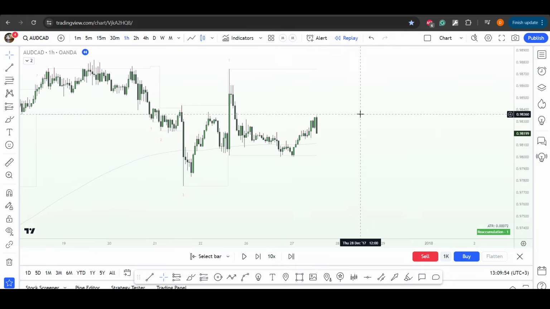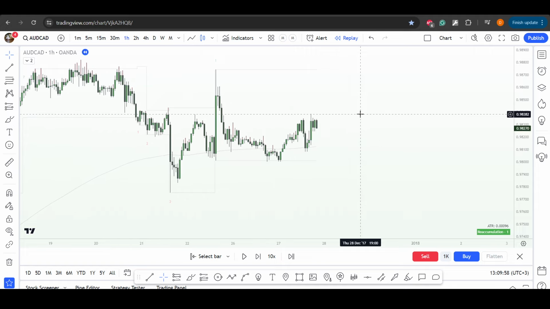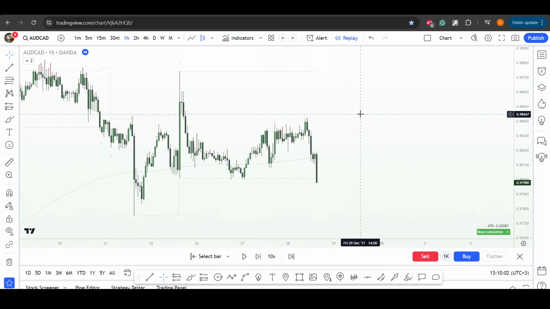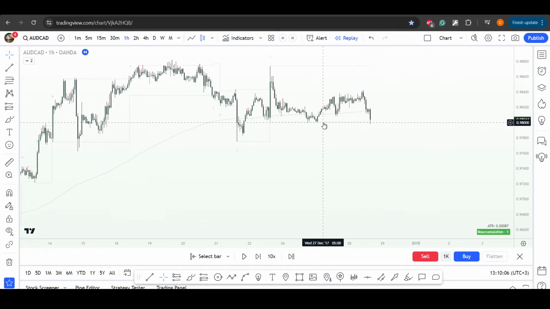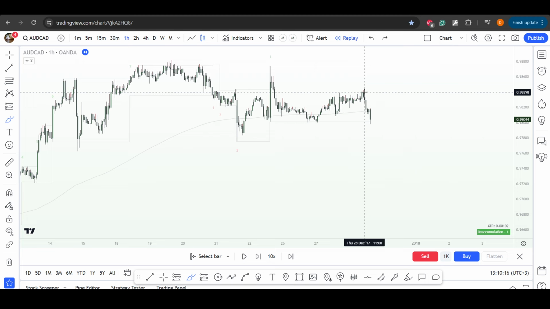So this is possibly a fractal redistribution. So still ranging, nothing clear here, and we are breaking to the downside. I think this bearish push will be basically responsible for the break of these lows and these lows.